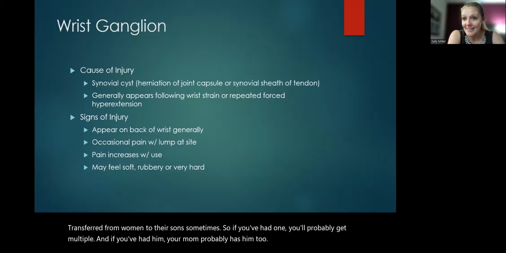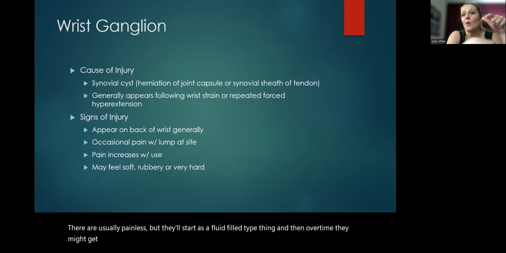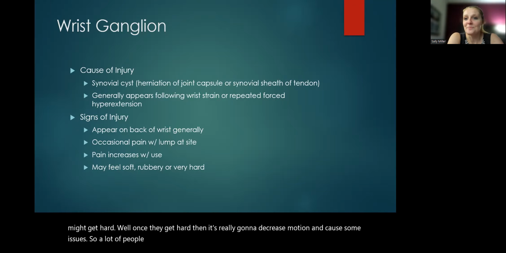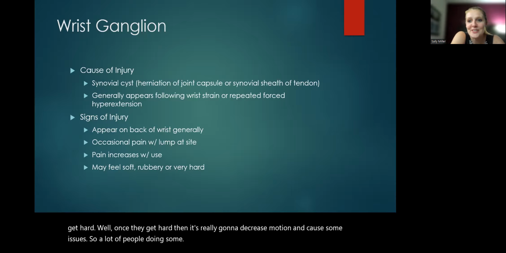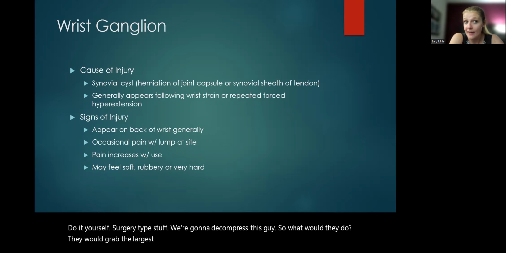They're usually painless, but they'll start as a fluid-filled thing, and then over time they might get hard. Once they get hard, it's really going to decrease motion and cause some issues. So a lot of people would do some do-it-yourself surgery: we're going to decompress this guy. What would they do? They would grab the largest book that they had, which in many people's homes was the Bible.